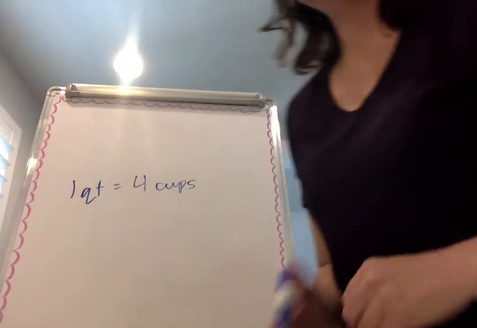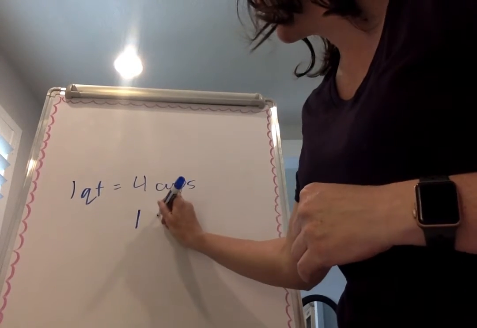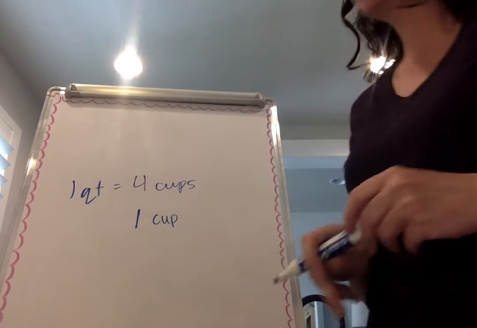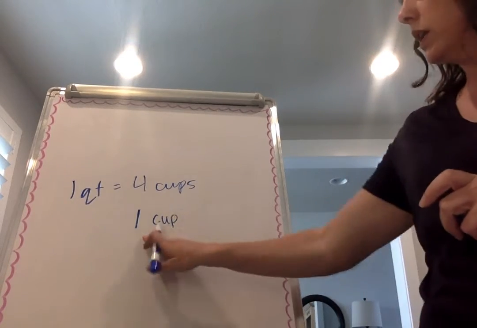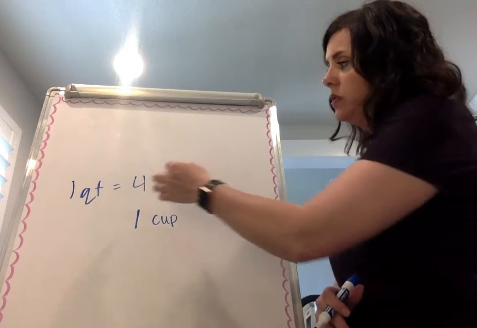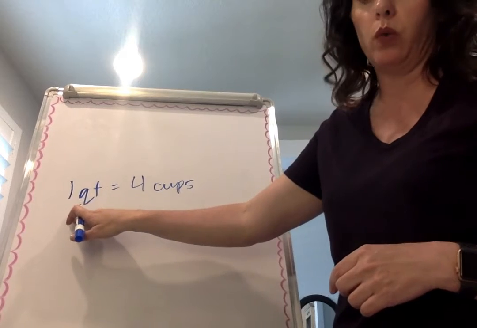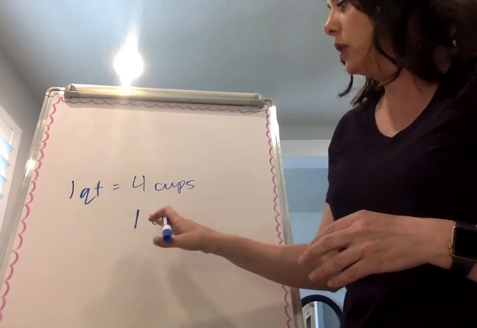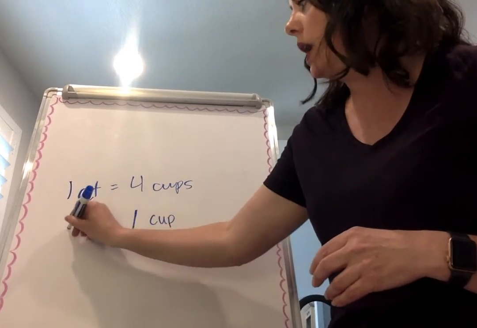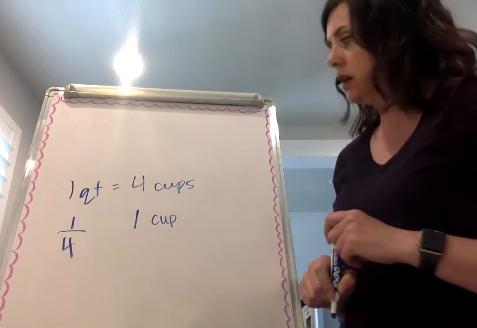But they're saying, what if I only had 1 cup? So this would be 4 of the 4 cups I would need to make 1 quart. But if I only had 1 cup, that would be 1 out of the 4 cups that I would need.